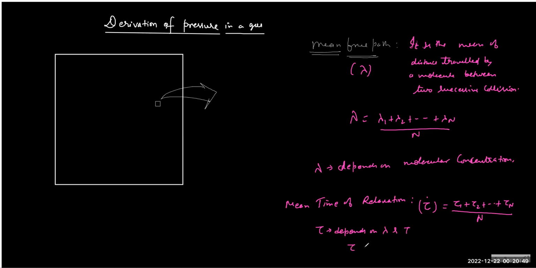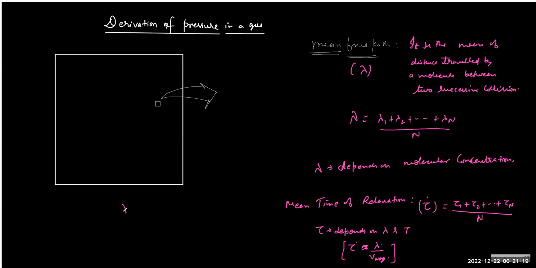So it is basically lambda upon V average, approximately. The distance upon speed is called time. So if you divide the mean free path by the average velocity, what you get is the mean time of relaxation. Because everything is the average, no? Average, average, average.